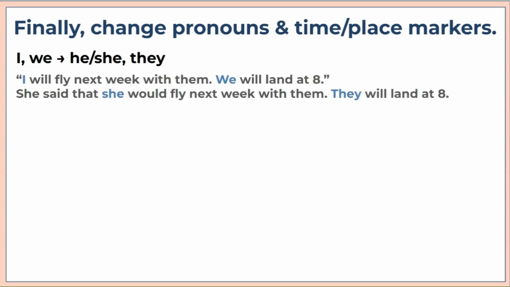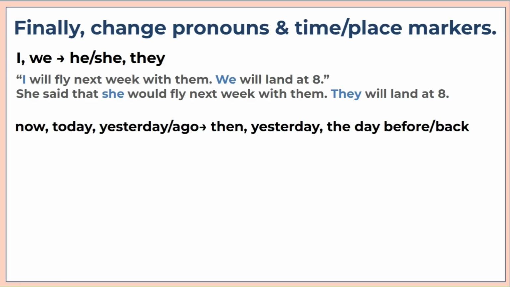If your female friend told you, "I will fly next week with them, we land at 8," you would report it as, she said that she would fly next week with them. They would land at 8. You change the I to she because, of course, it's a female and she told you. You also change the we to they.